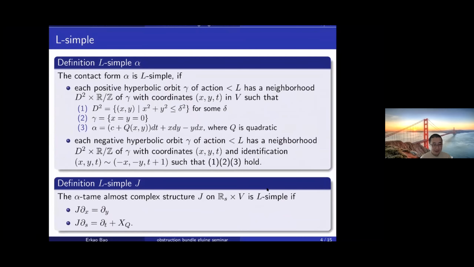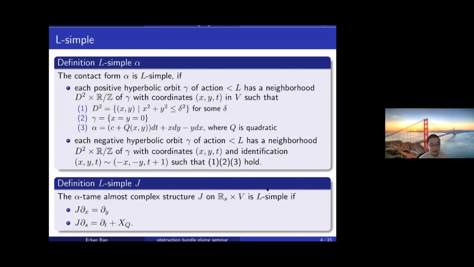Let me remind you of L-simple quickly. A contact form is L-simple if for each positive hyperbolic orbit of action less than L, it has a neighborhood D squared cross S1, with coordinates x, y inside the disk and t in the S1 direction, such that the Reeb orbit is at the origin where x equals y equals 0, and the contact form looks like a constant plus a quadratic term plus x dy minus y dx.